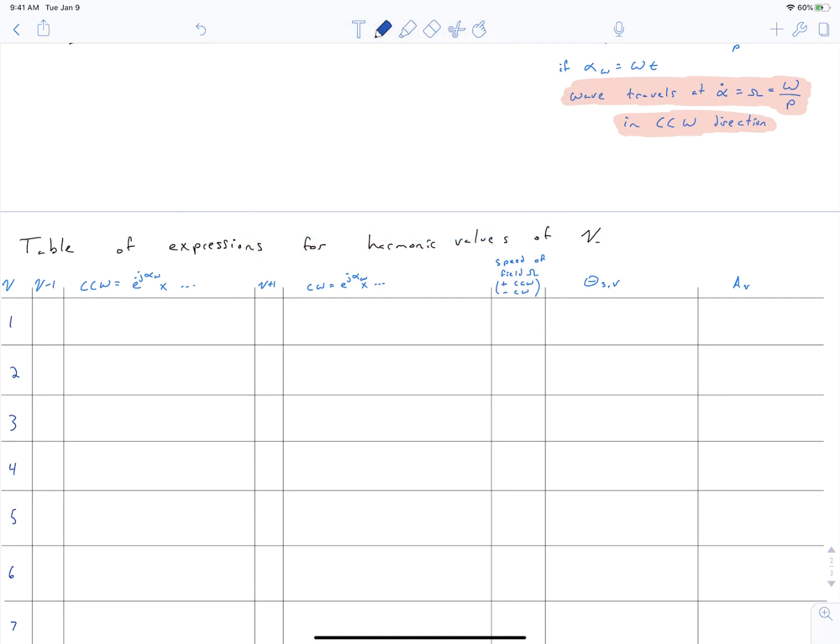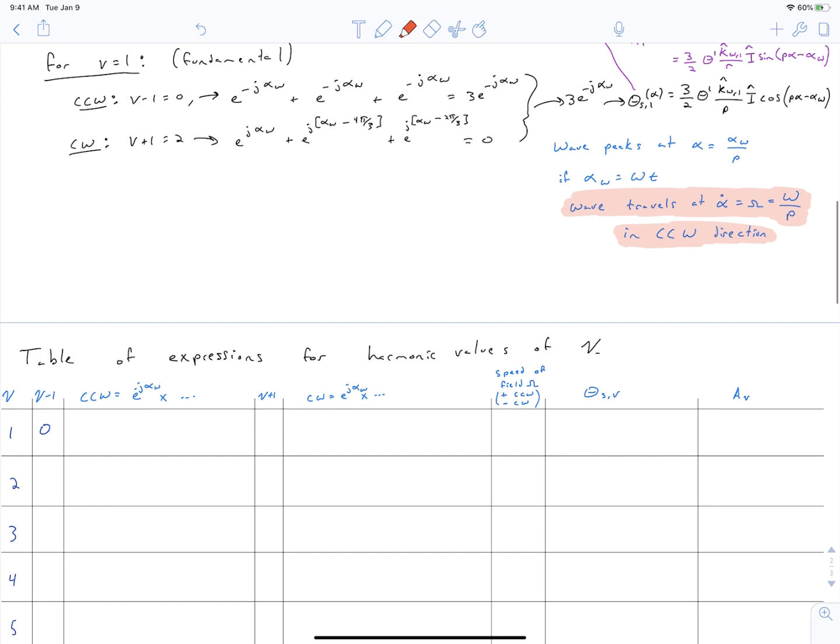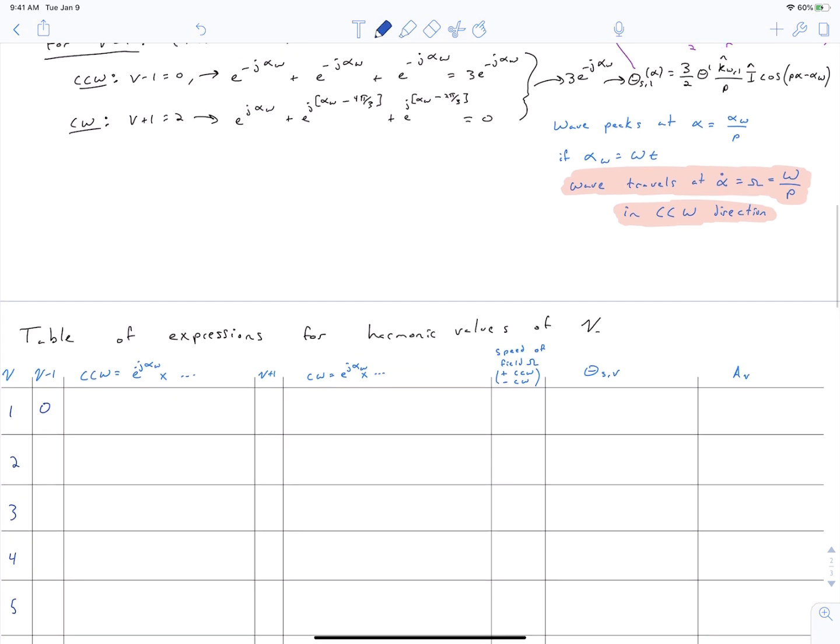So let's get started. V minus 1 is going to be 0, and this first entry is actually just summarizing the quantities that we wrote up here, which we've already calculated. So for the counterclockwise direction, we need V minus 1, and that's 0. And then you can see that our phasors multiplied by e to the negative j omega are just going to be all 1s. Then moving to the right, for the clockwise direction, we need v plus 1. That's going to be 2.